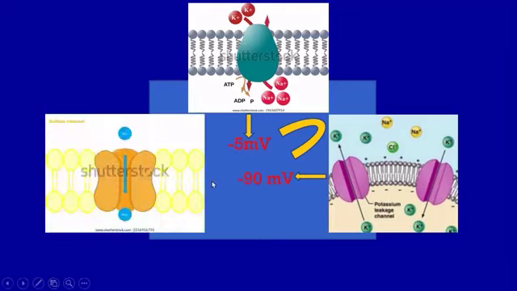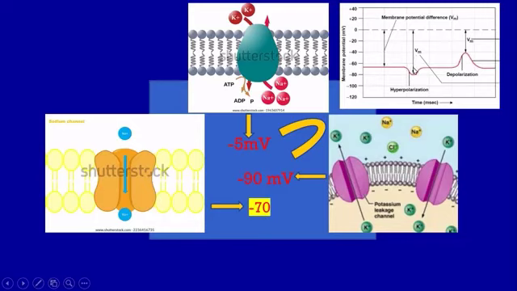At this moment, the sodium leaky channel opens and brings sodium inside the cell and repolarizes the inside of the cell to minus 70 millivolt. When repolarization of the cell occurs, the hyperpolarization is due to the excessive loss of potassium from the intracellular fluid, and then this hyperpolarization is stabilized by the sodium leaky channel.